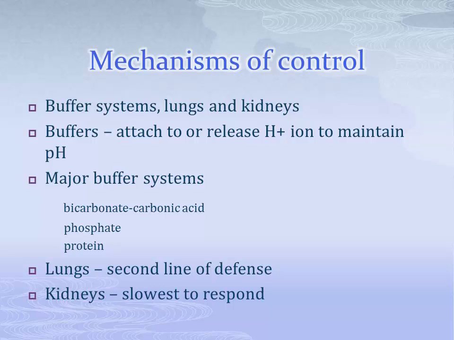So if I want to change the rate of CO2 excretion, I have to change my breathing. But remember, those chemoreceptors aren't just monitoring levels of CO2, they're also monitoring levels of hydrogen. And hydrogen is my acid ion. So metabolic acid changes are going to alter my respiratory status because I'm trying to adjust that pH.